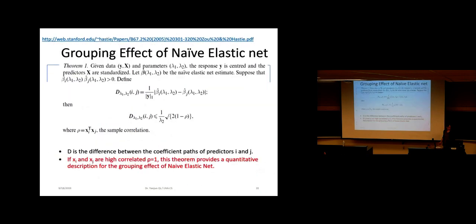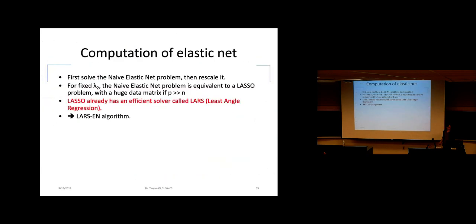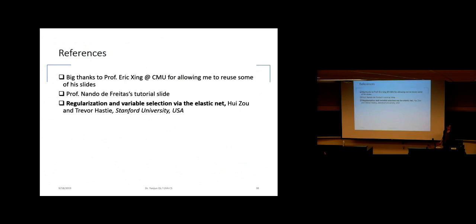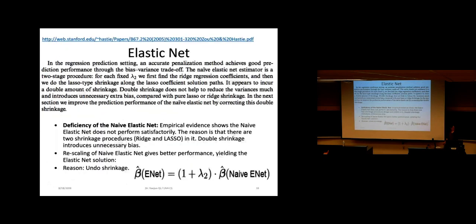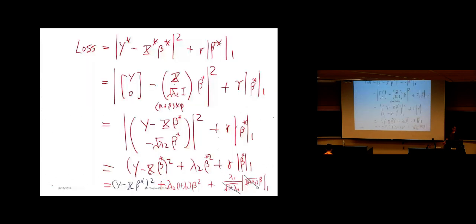I think I have a whole proof to connect them. Yeah, there's a lot of things actually. Oh, where's my whole proof? Yeah, I think it's this. Yes, so there's a whole proof showing that by just data augmentation, the lasso on the augmented data gives you exactly the elastic net formulation.